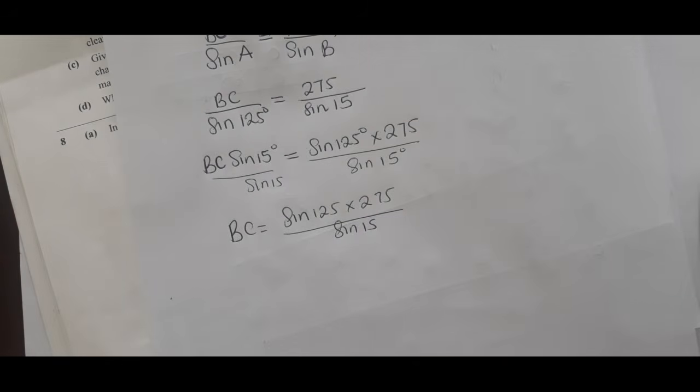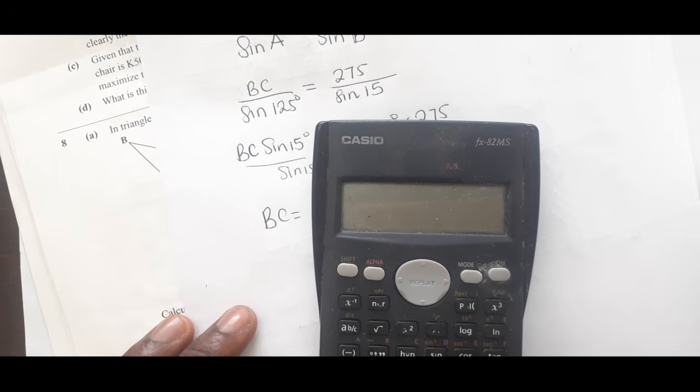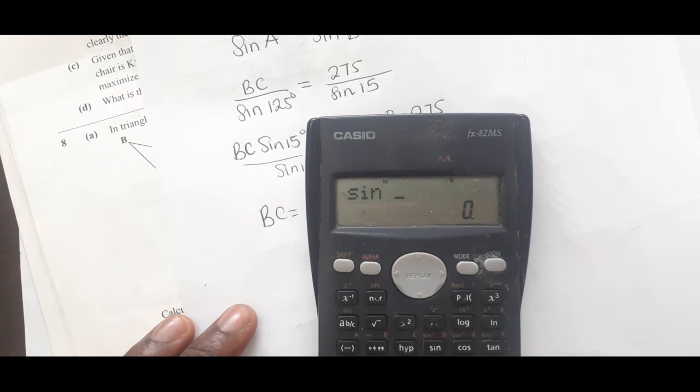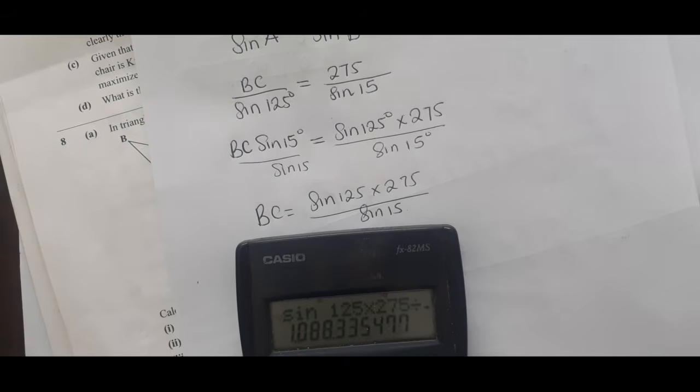Okay, so here the calculator can help us do the work. We have sine 125 multiplied by 275, divided by sine 15. What are we getting? Let's look at our calculator.